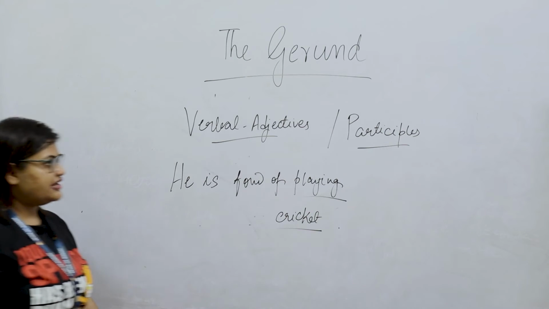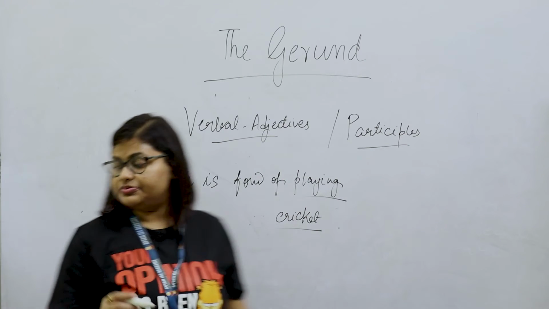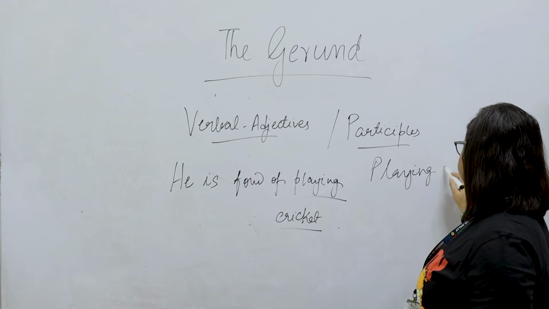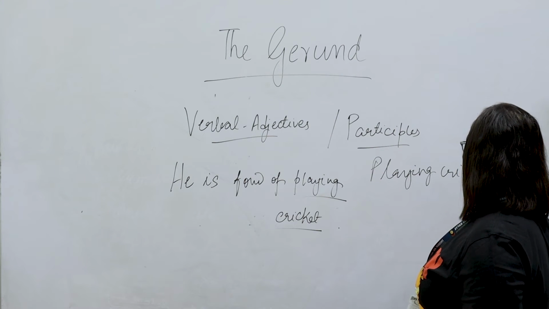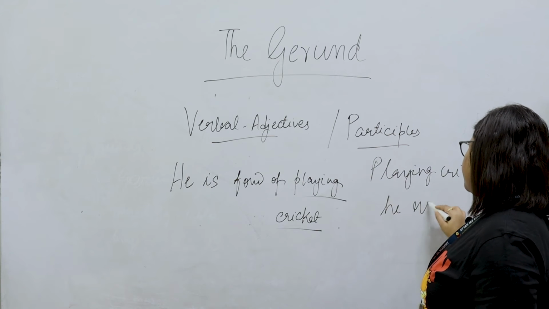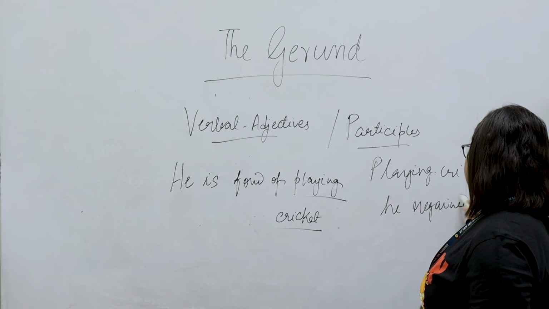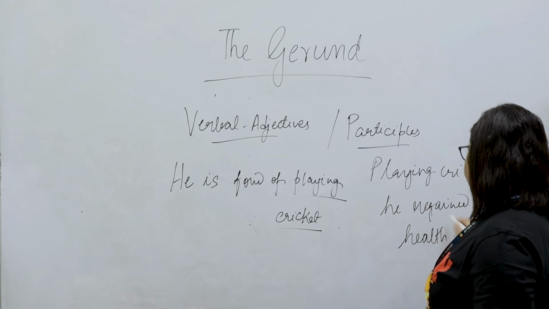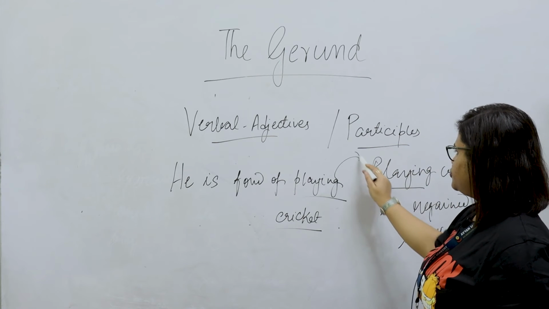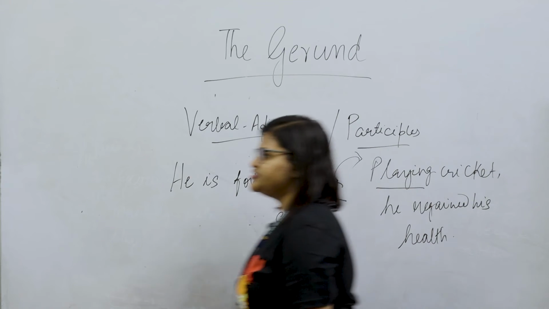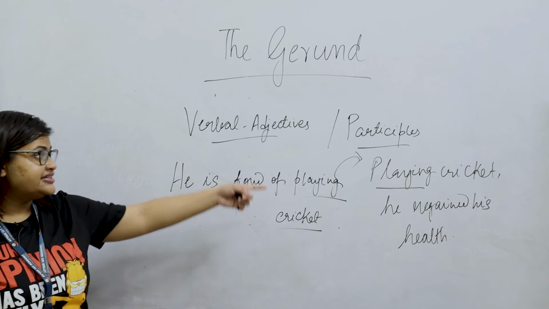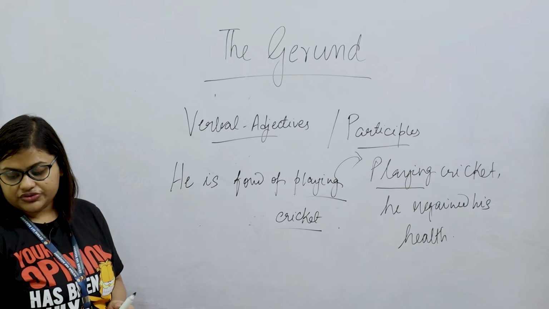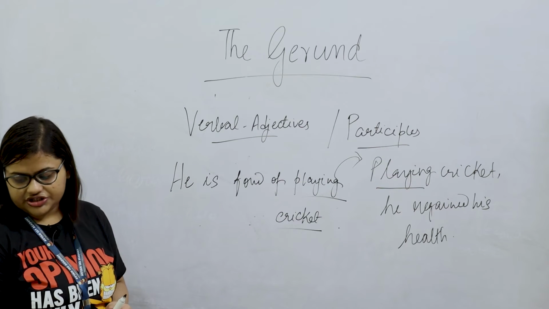If we are trying to use the same word playing as in case of participle, we will be saying, playing cricket, he regained his health. So here when we are using the word playing, one is being used as a verbal adjective and the other is being used as a participle. So that is one more difference between a participle and the verbal adjective.